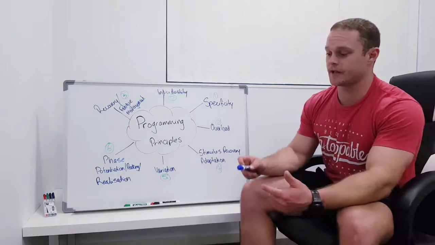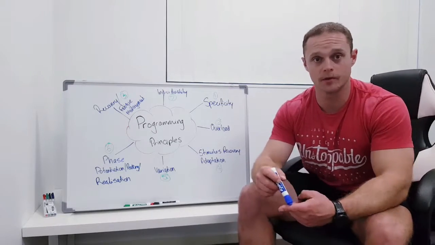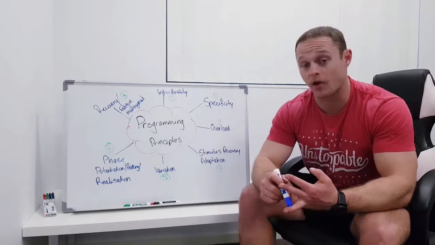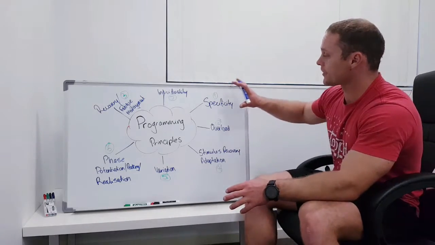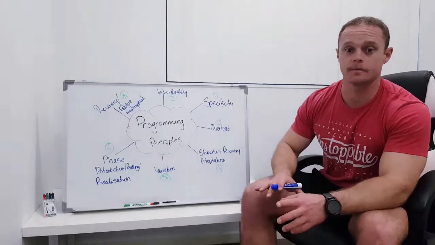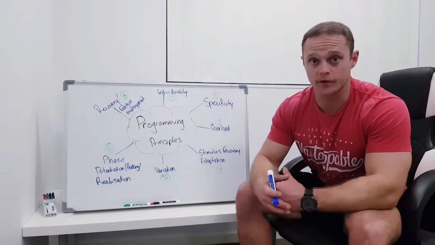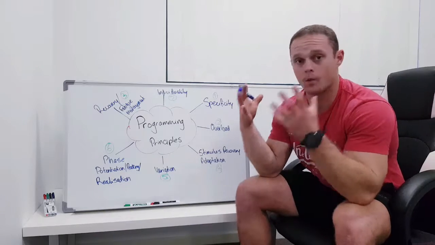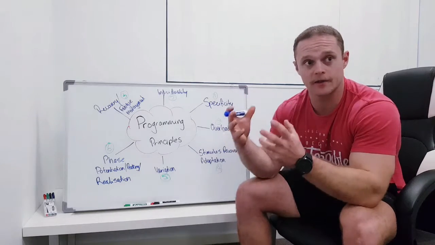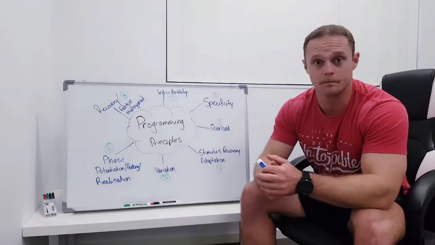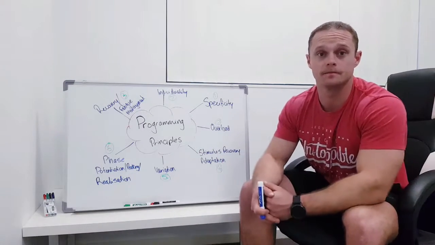Specificity can be to the sport, to the phase of training, to the athlete type. It encompasses many things. But when we look at specificity from a 10,000 foot view, we're looking at what specific physiological traits this athlete needs to be good at their sport.